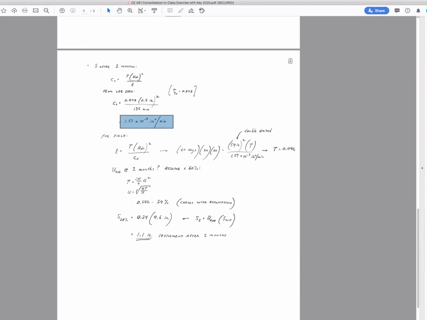And it's common to have numbers where you get into 10 to the minus 5, 6, 7, and so on, especially when you're in the meter squared per second kind of units, which are quite typical, by the way. And then we apply this. This is just a soil property.